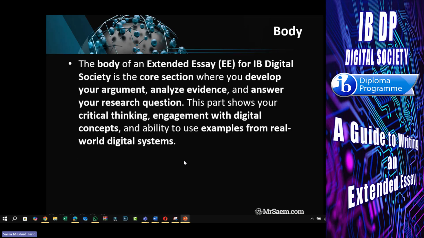Then you have the body. The body obviously includes everything. It includes starting to develop your argument. एक sequence में आप जाओगे, point by point, you have to state your argument. जो भी आप analyze करते हो, उसका evidence आपको देना पड़ेगा.